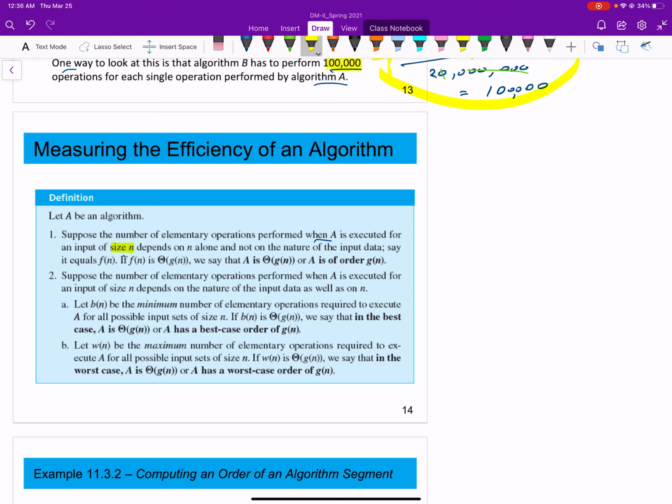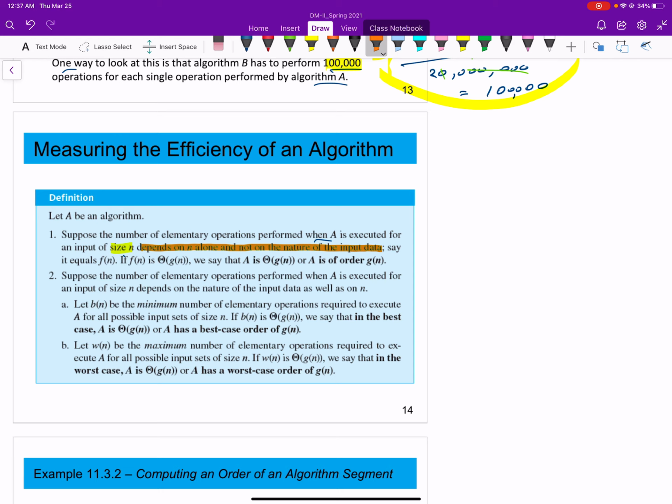This is the first case. In the first case, the input size is n, and most importantly this depends on n alone and not the nature of the input data.